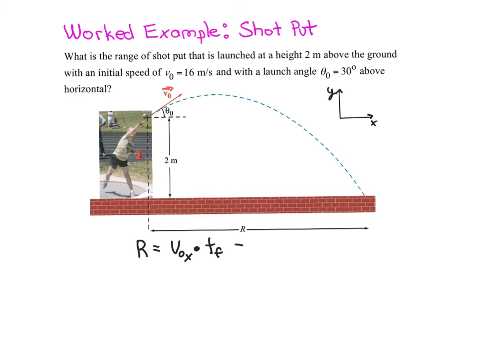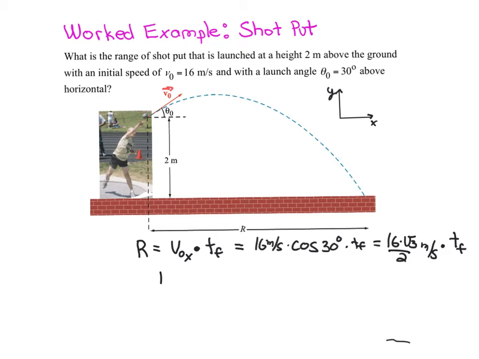And v naught sub x is just 16 meters per second times the cosine of 30 degrees. Then we have R times the time of flight here, and the cosine of 30 degrees is, of course, the square root of 3 over 2. So the range is just equal to 16 times root 3 over 2 meters per second times the time of flight.